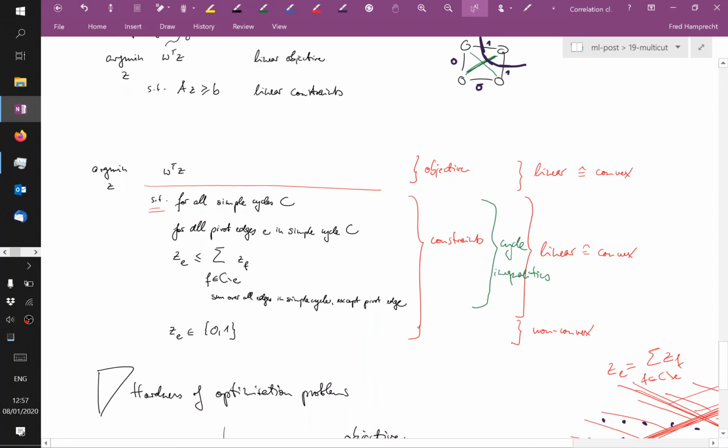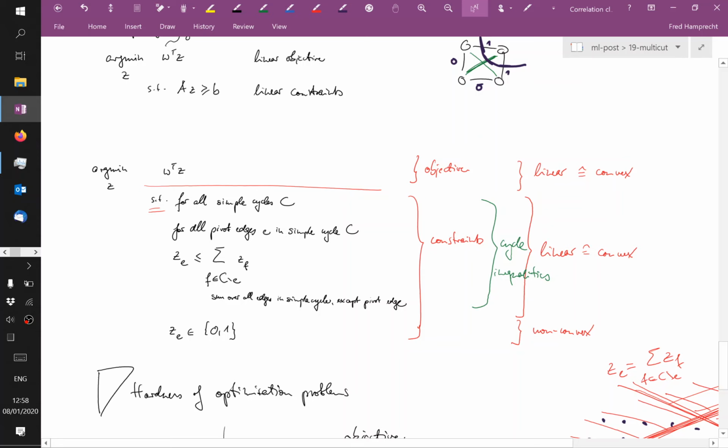And we now have massaged the problem into a form that an integer linear programming solver will ingest and give you a solution for. So you input the attractions and repulsions.